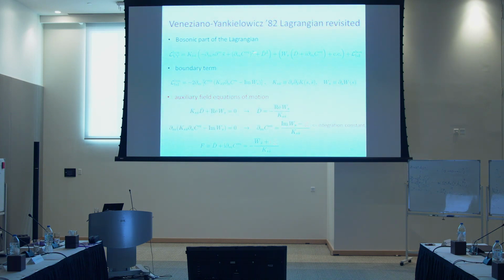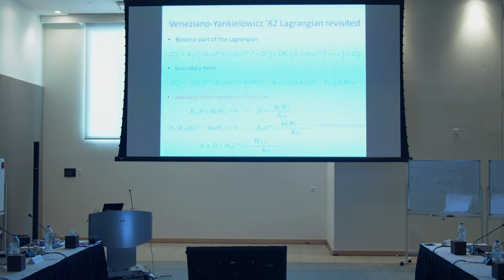The algebraic equation of motion of the field D allows us to express it in terms of this ratio, the real part of the derivative of the superpotential divided by the Kähler metric, while the variation with respect to C_m gives a total derivative, which one can integrate and get an integration constant, which I introduce as n divided by 8π here.